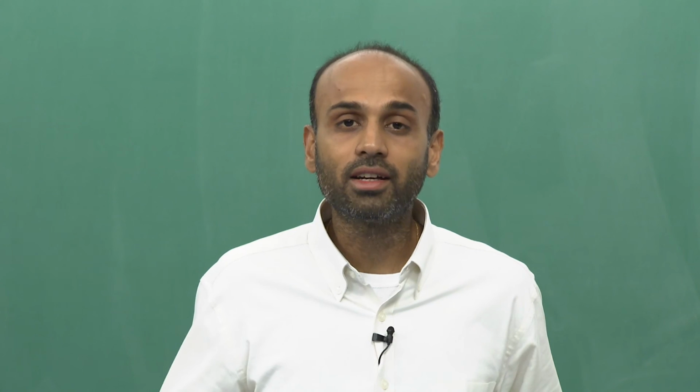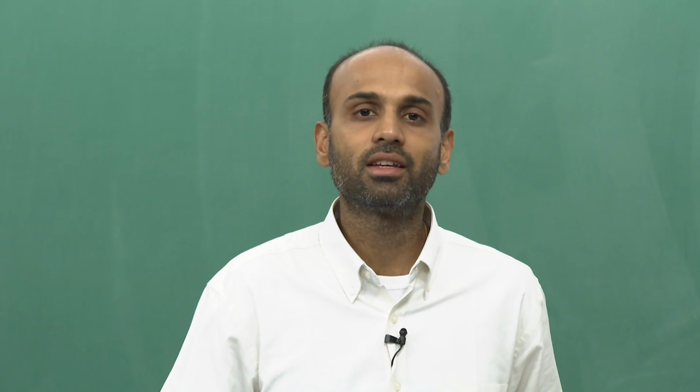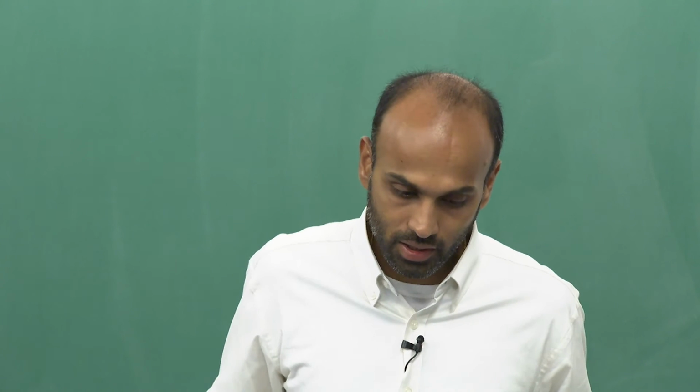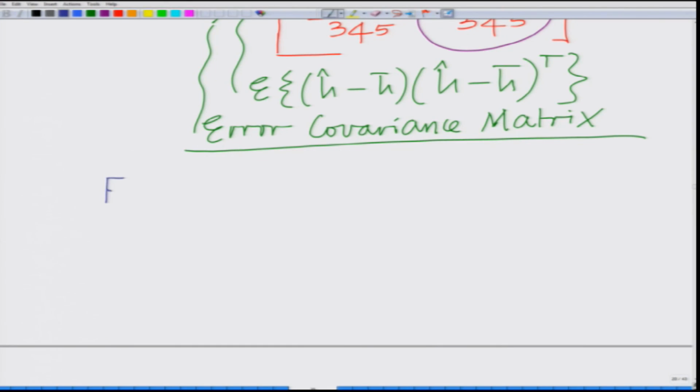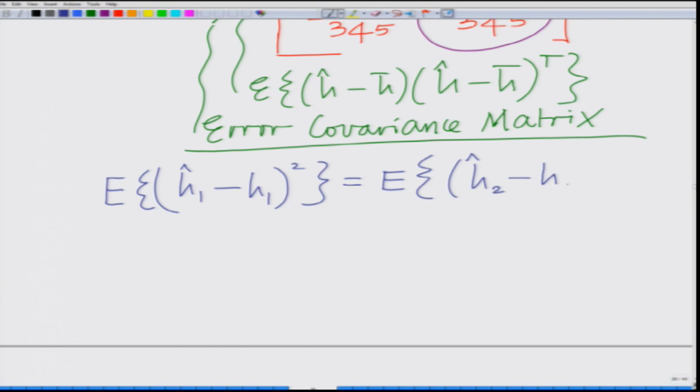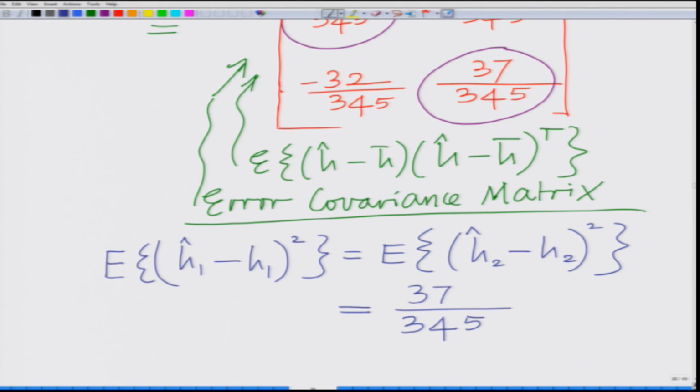So, the diagonal elements are the variances in the estimates of the channel coefficients H1 and H2, which means expected value of H1 hat minus H1 square equals expected value of H2 hat minus H2 square, and this is equal to 37 divided by 345.